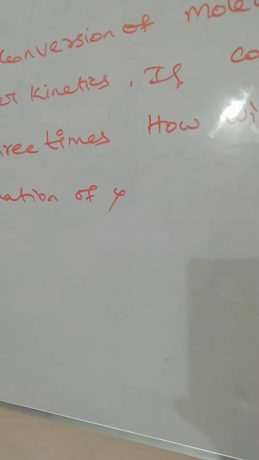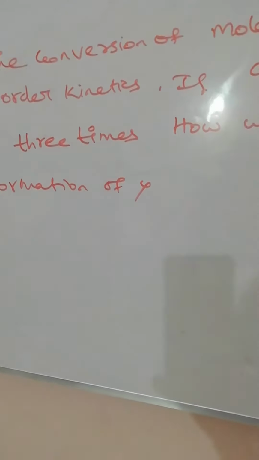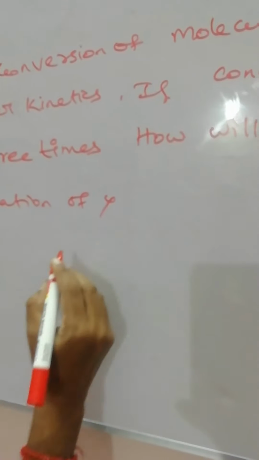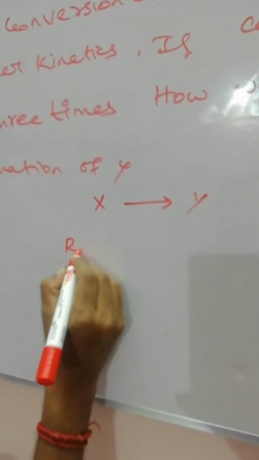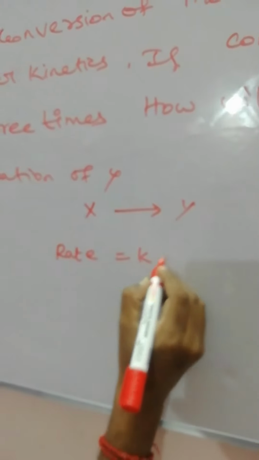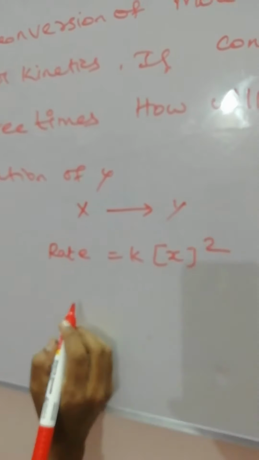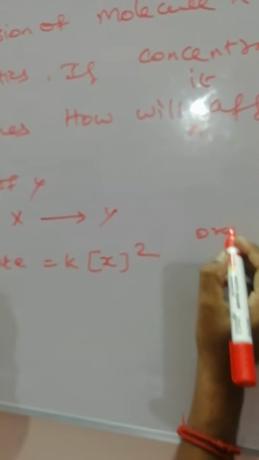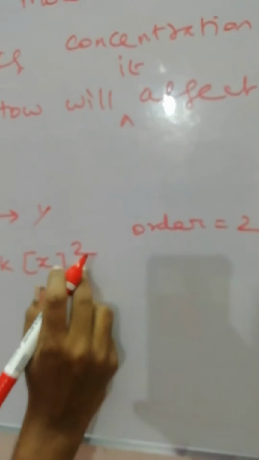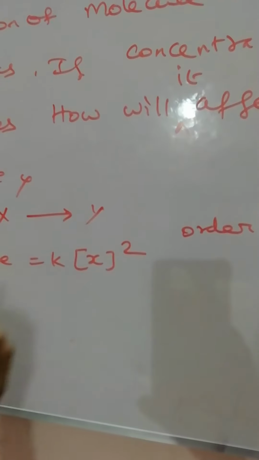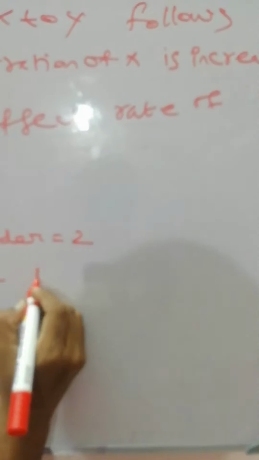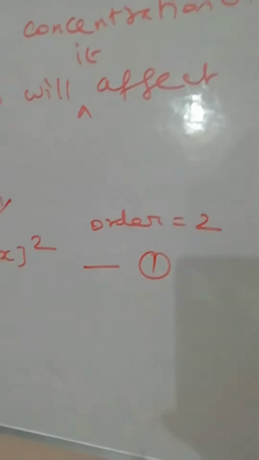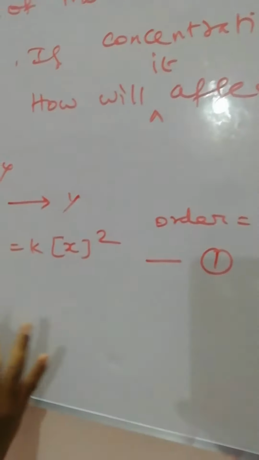The conversion of molecule X to Y follows second order kinetics, given. So X giving Y. Rate equals K into X power 2, because the order is 2. So I substituted 2. This is R1, rate R1 equals K into X square. This is equation 1.